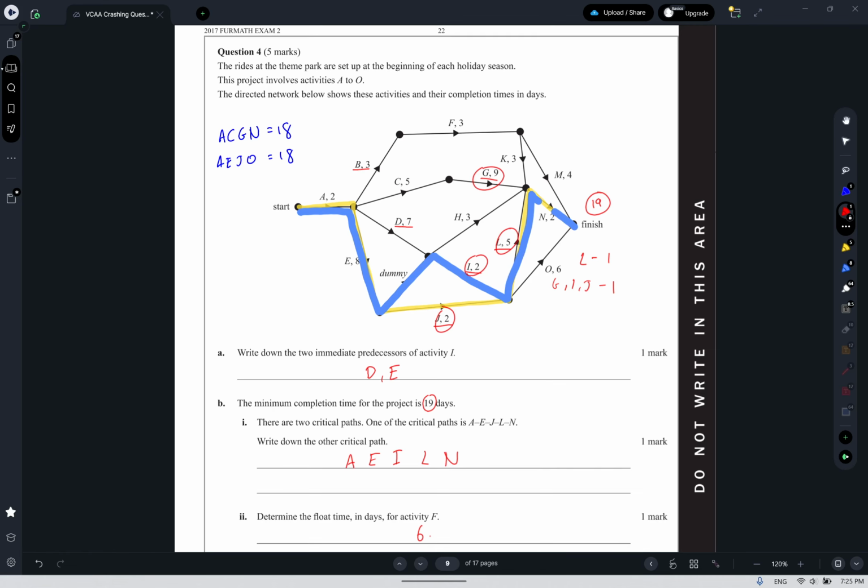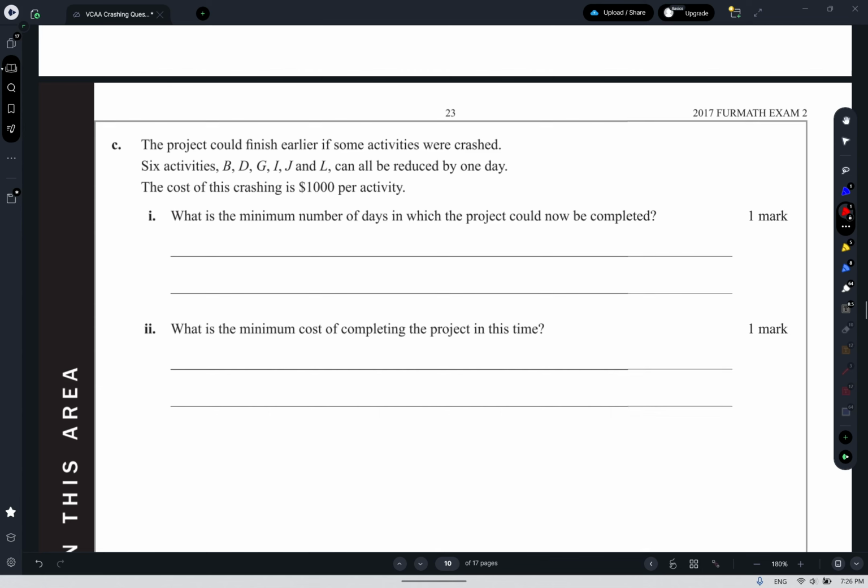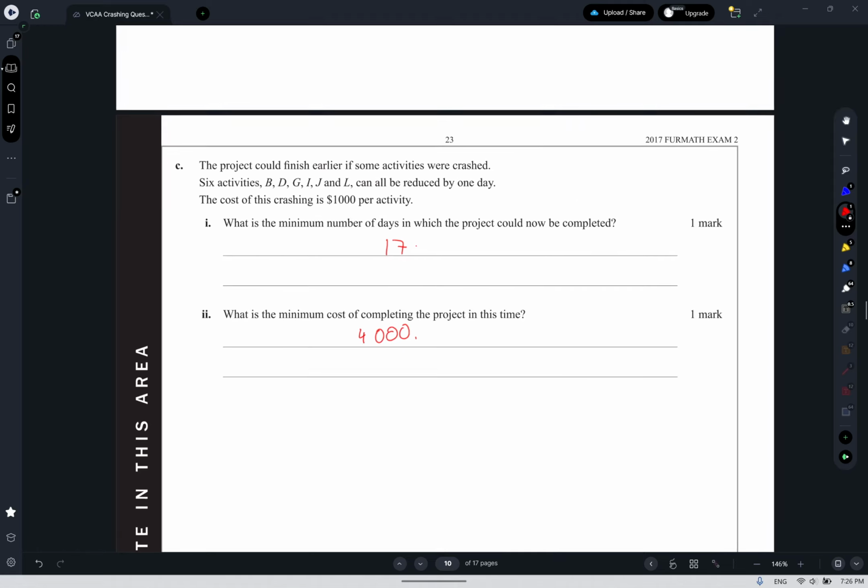So I'm going to reduce the L by 1 and the GIJ by 1, which is going to reduce my 19 down to 17, and it's going to reduce this 18 and this 18 both down to at least 17, meaning that my minimum number of days is going to be 17 days, and the minimum cost is going to be 4,000. So we've kind of answered both questions at the same time.